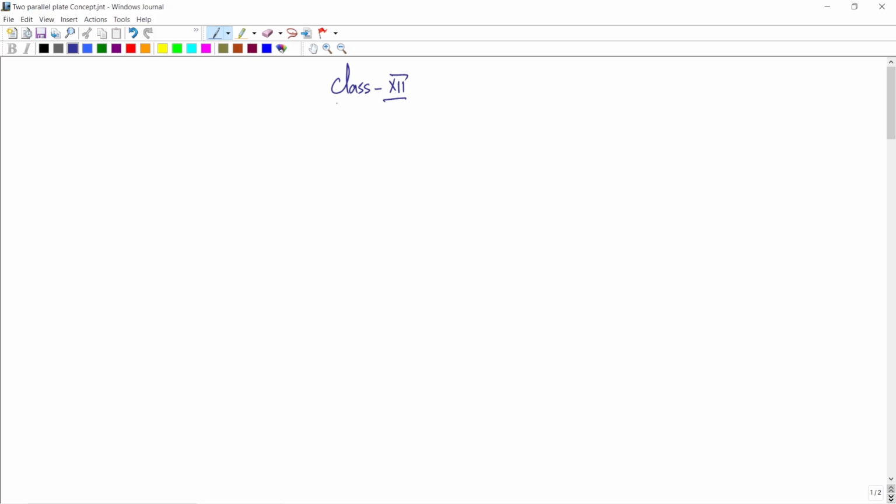There are two parts, part A and part B. In part A, we mainly study electrostatics, current electricity, and third, magnetism.